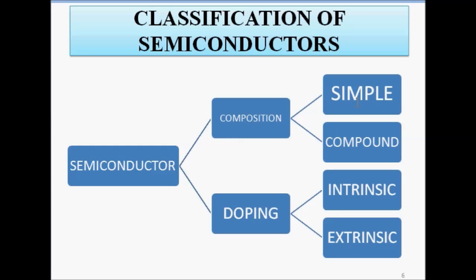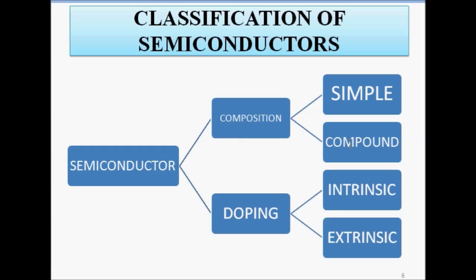Simple or elemental semiconductors are those which are formed from a single element, a single entity. Example: silicon, germanium, selenium, gallium, arsenic, etc. Whereas compound semiconductors are formed from 2 or more semiconductor materials. It can be 2, it can be 3.